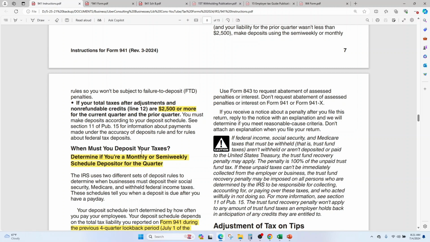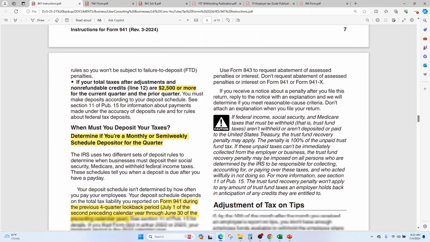When must you deposit your tax? You need to figure that out. If you are on a monthly or semi-weekly deposit schedule for the quarter, we can come back to that as well.